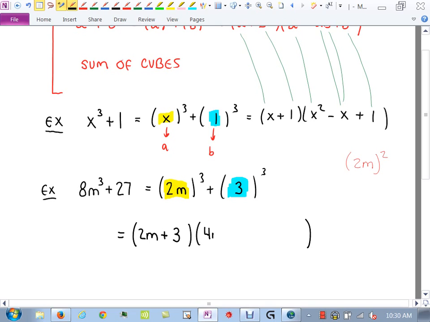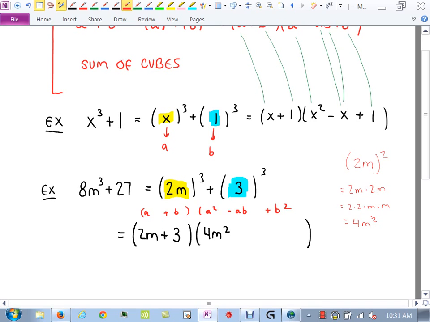What I'm going to do first, I'm going to write right above this what the formula is. Right? That's the formula. So I have to take whatever my a was and square it and put it here. 2m squared is 2m times 2m, which is 2 times 2 times m times m, which is 4m squared.